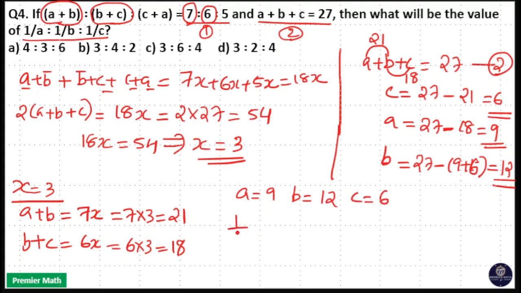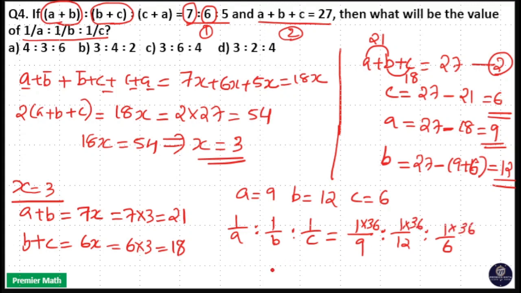So 1 by a is to 1 by b is to 1 by c is equal to 1 by 9 is to 1 by 12 is to 1 by 6. Take the LCM. Here 6 will cancel in 12. So LCM will be 36. So multiply with 36.